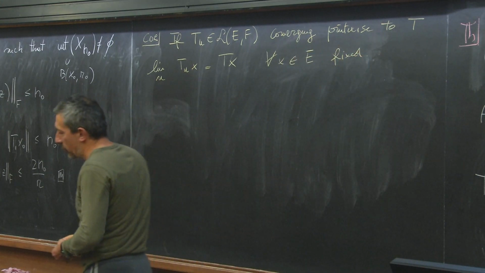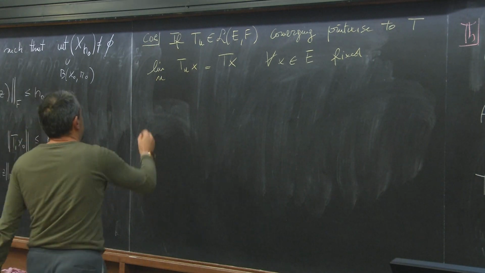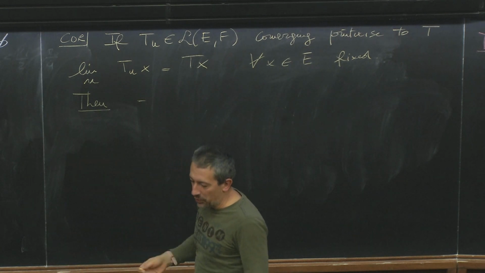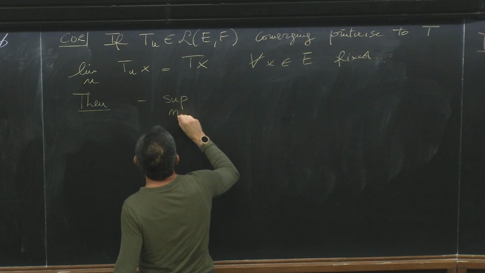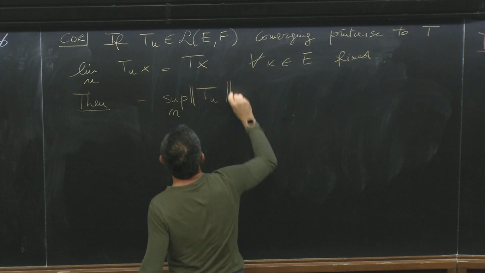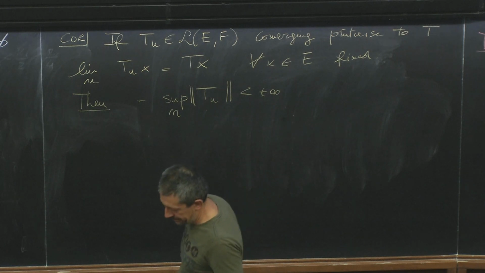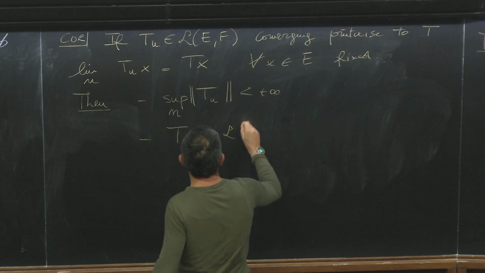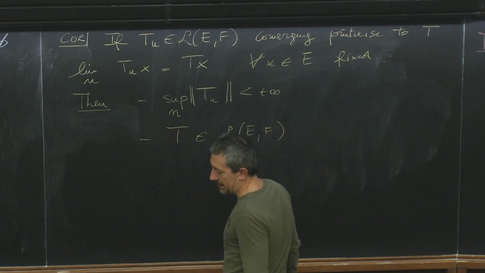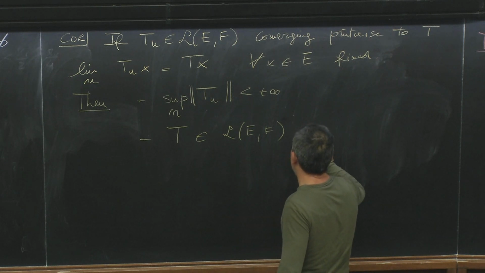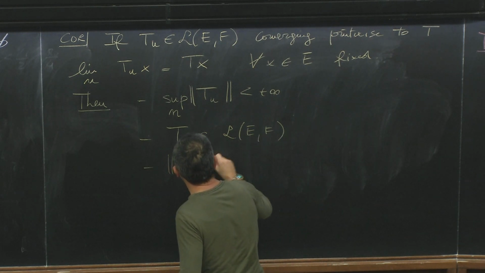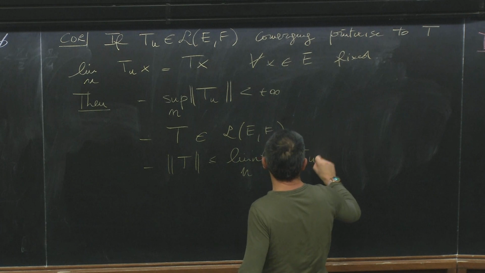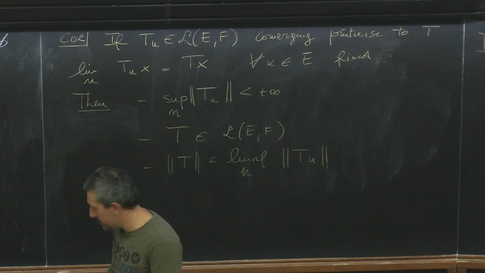So I'm taking the limit pointwise. Then they are uniformly bounded. The limit is a bounded operator. And actually the norm of T is at most the lim-inf of the norm of T_n. Okay, so it is lower semi-continuous.